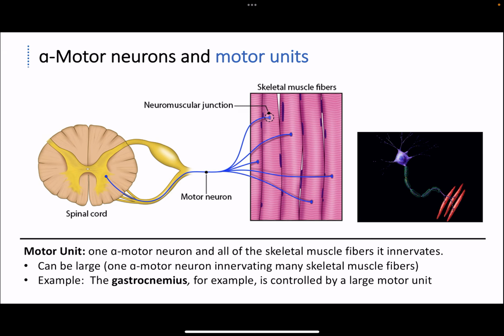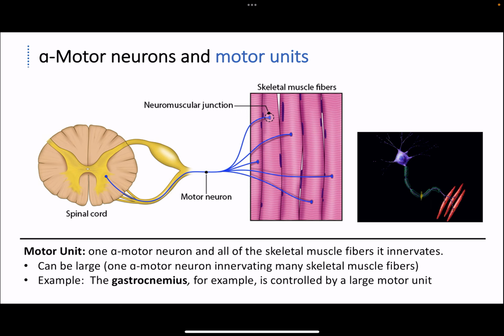Whereas if you had a very large motor unit, one neuron with 100 muscle fibers or 50 or something like that, more than the previous, then you get more gross movement. You have less control, less fine precision and precise movements with that group of muscles, right?